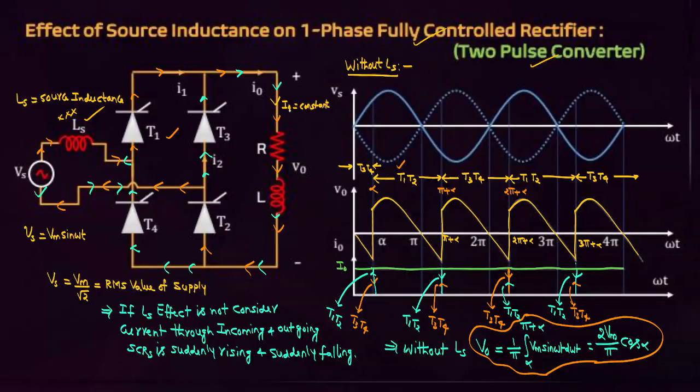Friends, we know that without considering source inductance effect, this is the output voltage waveform and this is the output current waveform. The average output voltage is equal to 2 Vm by pi into cos alpha. Now the question is, if the source inductance effect is considered, what happens?